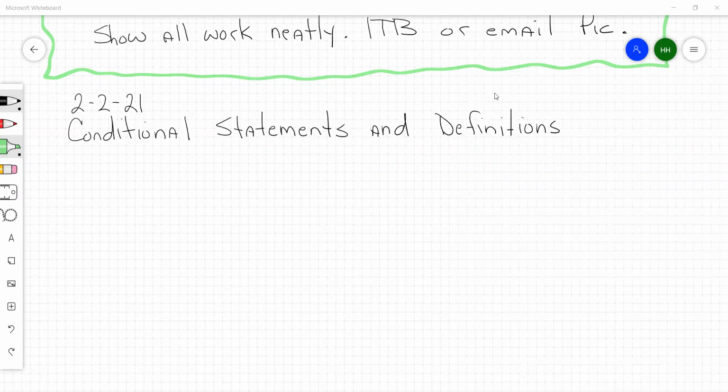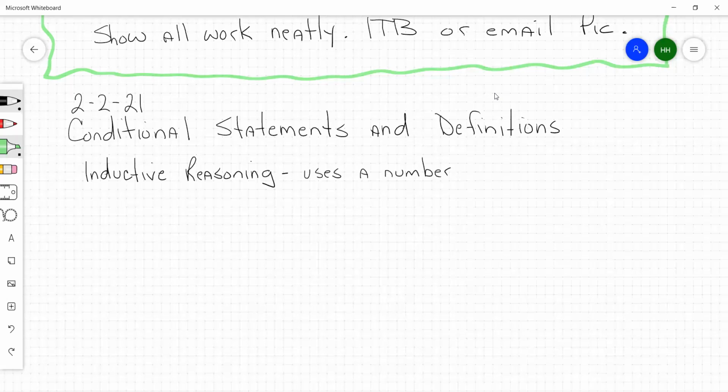All right, inductive reasoning. It uses a number of specific examples to arrive at a conclusion.